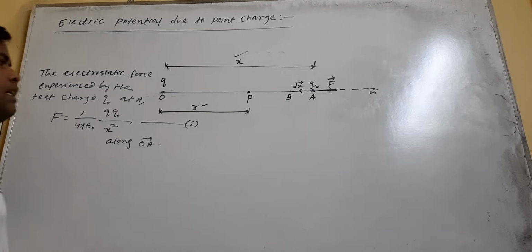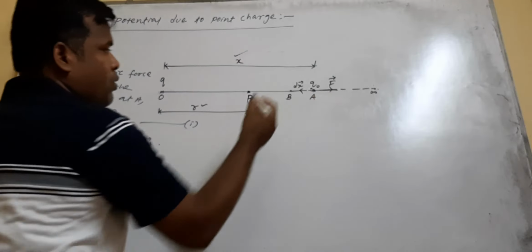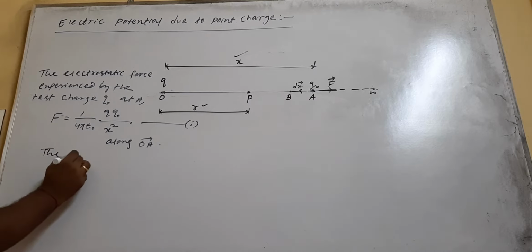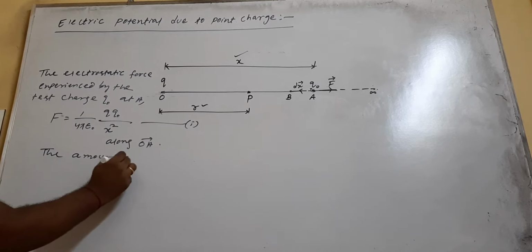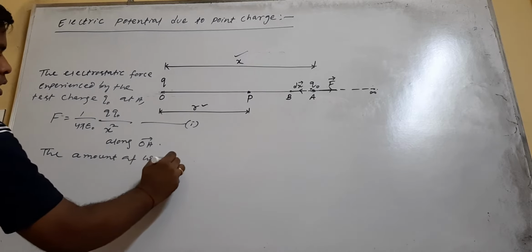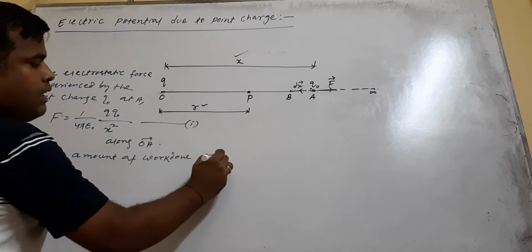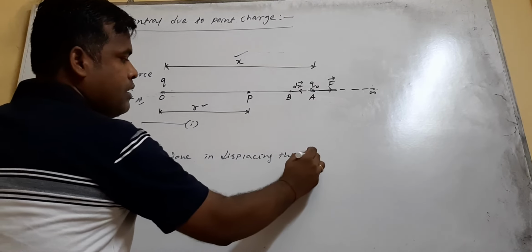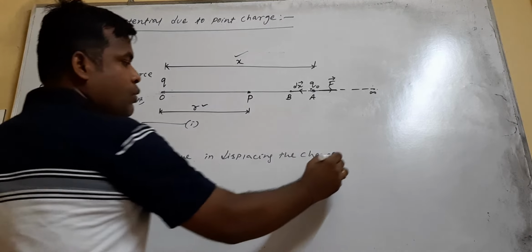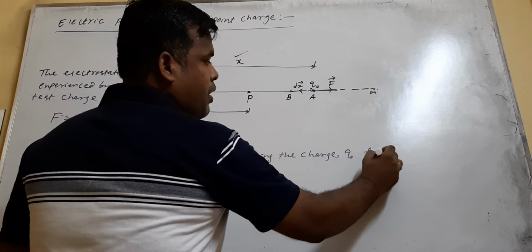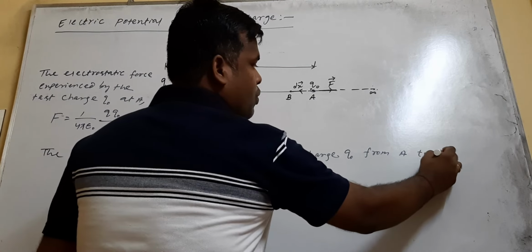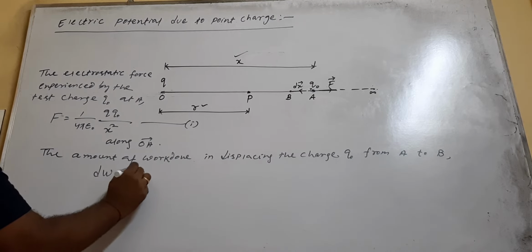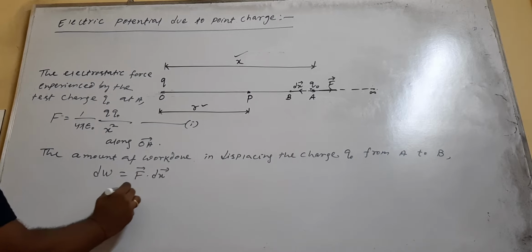To displace the charge Q0 from A to B, what is the amount of work done? The amount of work done in displacing the charge Q0 from A to B, dW is equal to F vector dot dx vector.